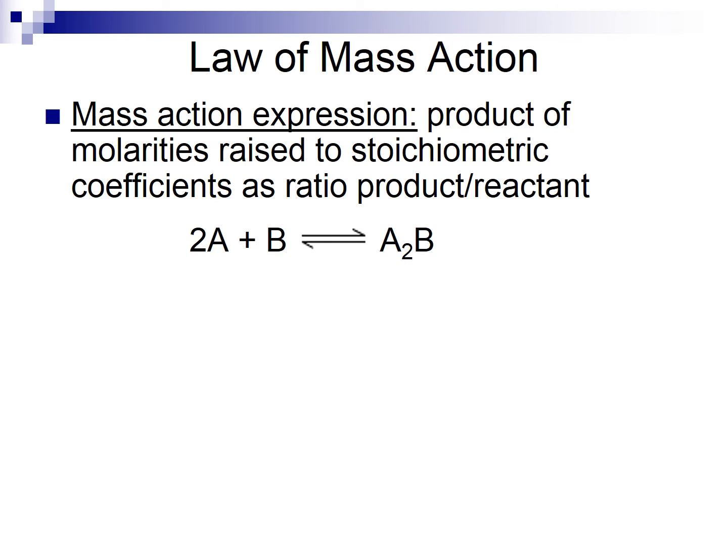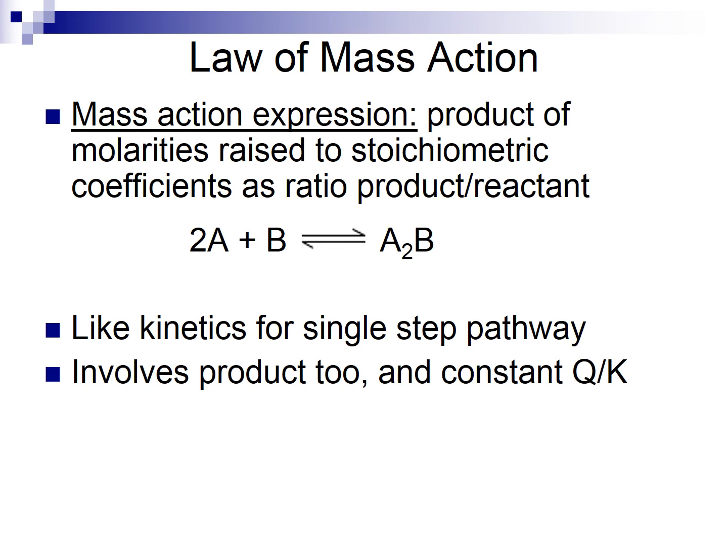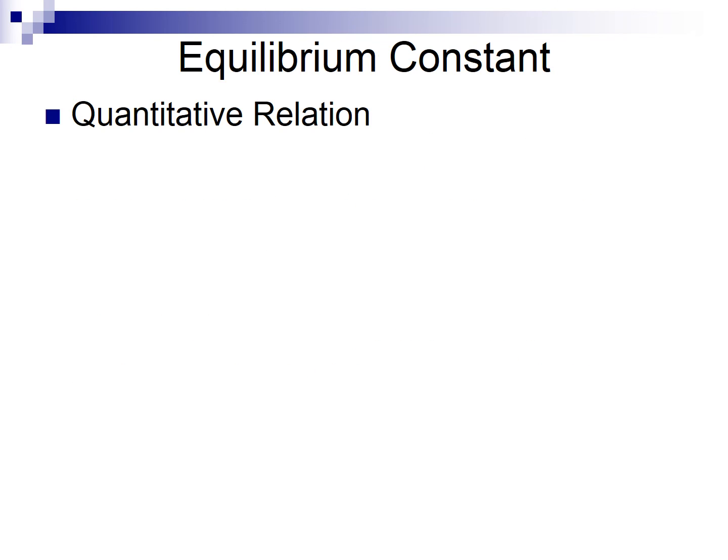So for a generic equation, 2A plus B makes A2B, we would have, in this instance, a very similar situation to kinetics for a single-step pathway that involves the products too, and a constant that we call Q or K. Whichever term I'm using, the constant is going to be equal to the concentration of A2B divided by the concentration of A raised to the second power times the concentration of B. So we've got the reactants raised to their coefficients as the denominator and the products raised to their coefficients as the numerator. The equilibrium constant is a quantitative relationship to this ratio.